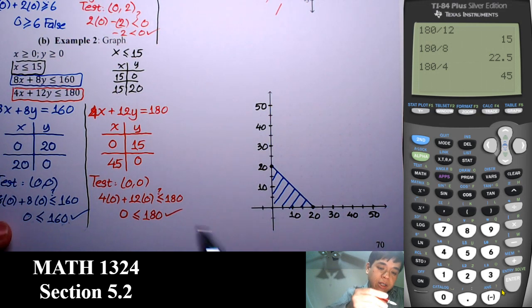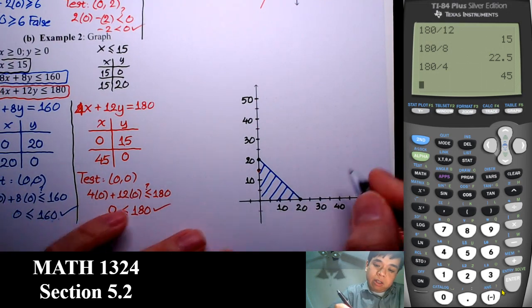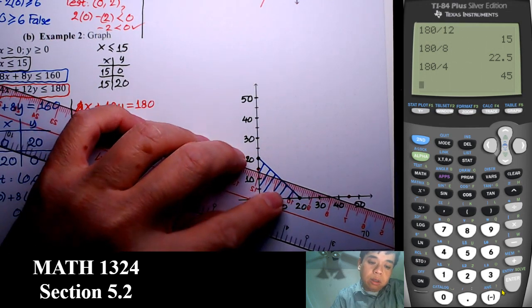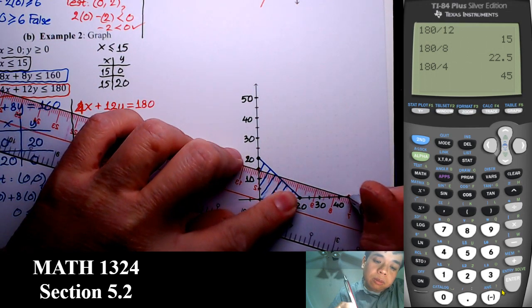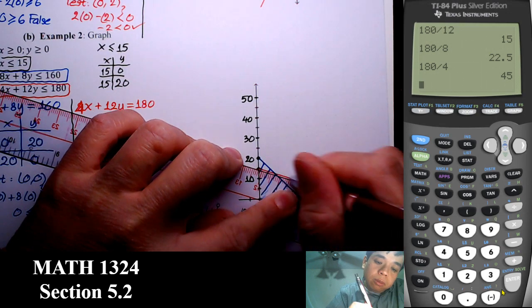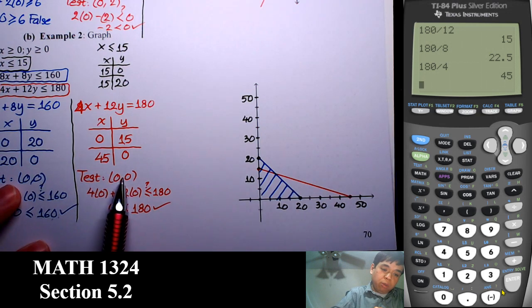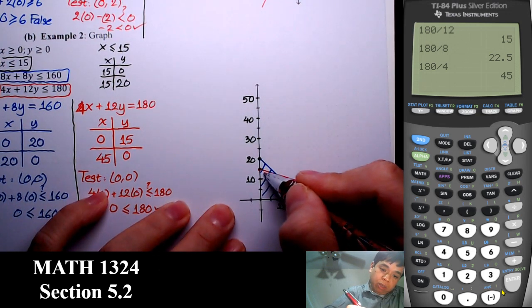Next, 0 and 15, 45 and 0, and the point 0, 0 belongs to the region. It is below the line, so we will shade below it.